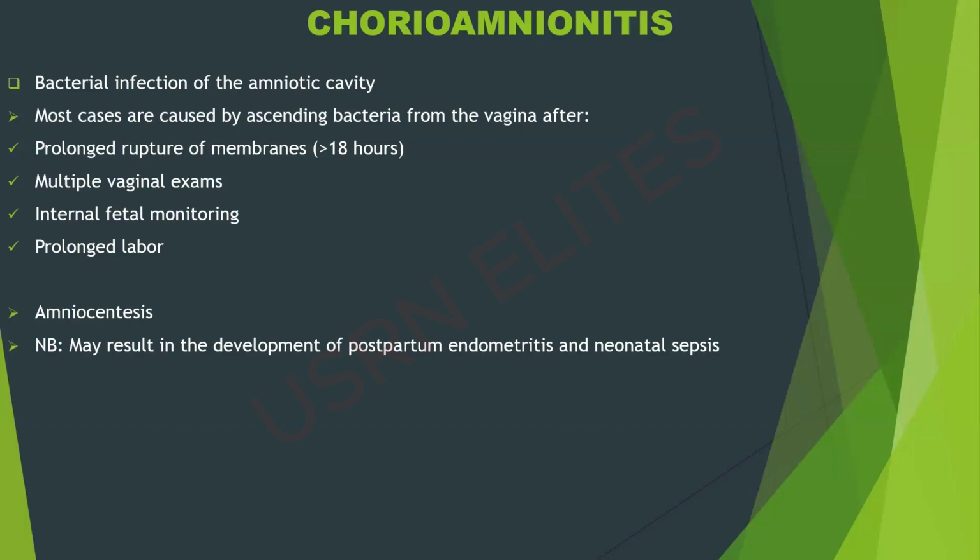Okay. And you should know if you're able to do this, there should be a rupture first. There should be dilation of more than what? 2 cm. Okay. So internal monitoring, you are placing the electrodes on the fetal scalp, and that will predispose the mother to get this condition, chorioamnionitis. I hope that's clear.